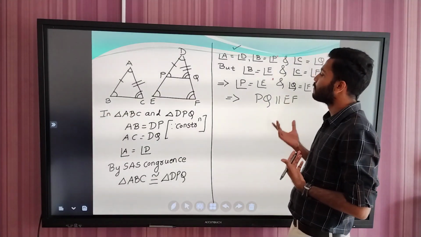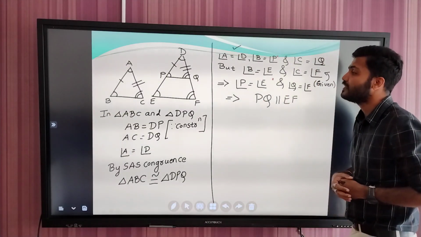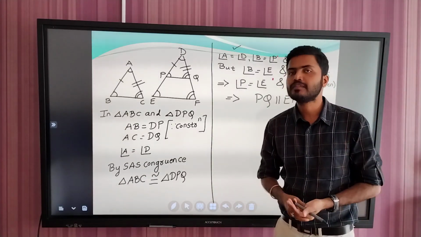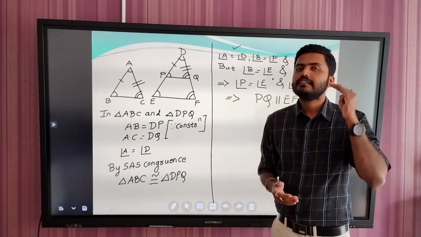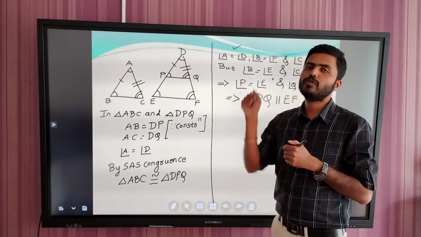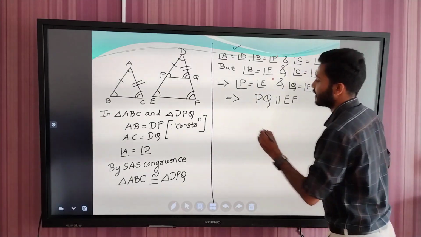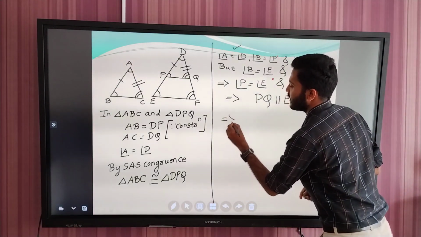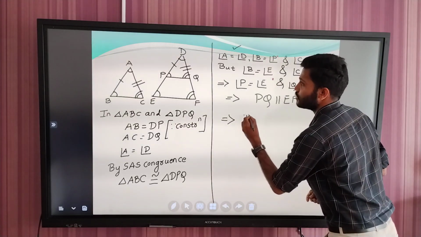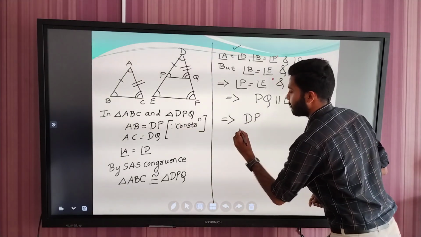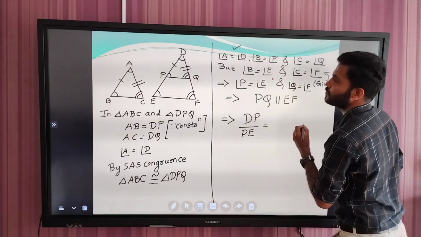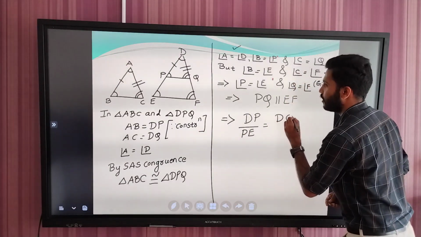So if PQ is parallel to EF, according to the Thales theorem, what can we say, children? I can say that DP upon PE is equal to DQ upon QF.